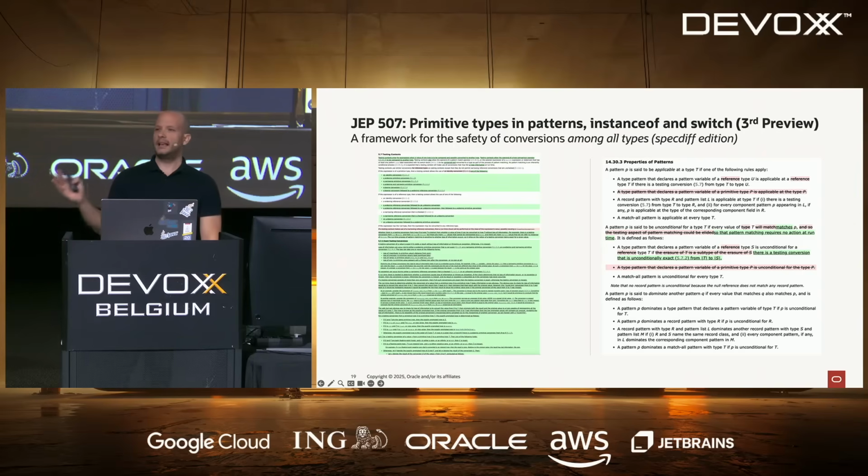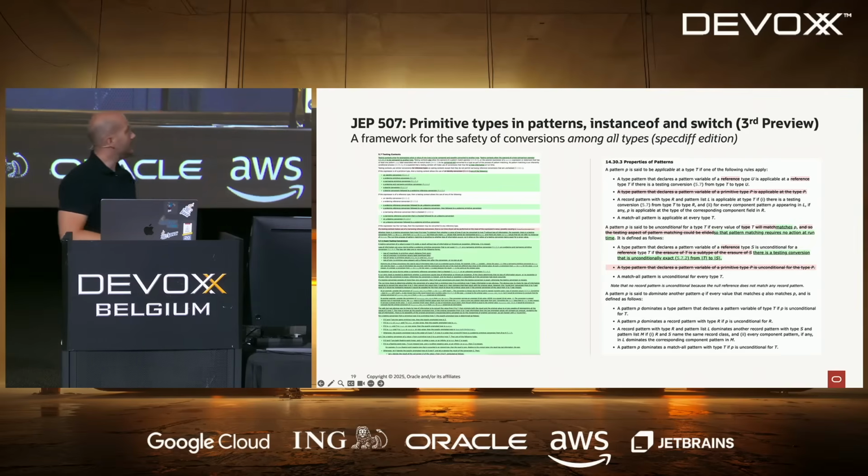We see on the left all the definitions about what exhaustiveness means, what exactness means, the exact conversion, what loss of information is. A little bit below here is what unconditionally exact conversions are. And on the right-hand side, we see the properties of patterns that I discussed before. I didn't include exhaustiveness because it's in another place a little bit more wide.